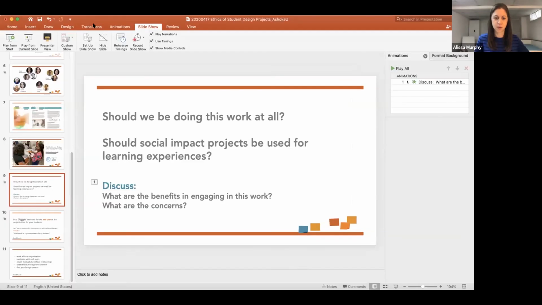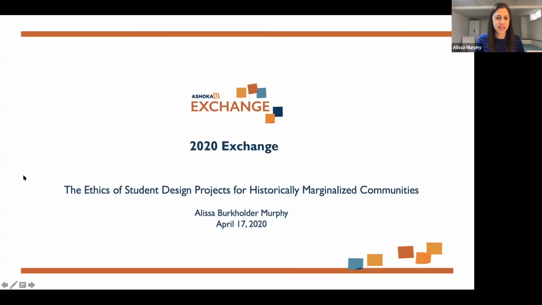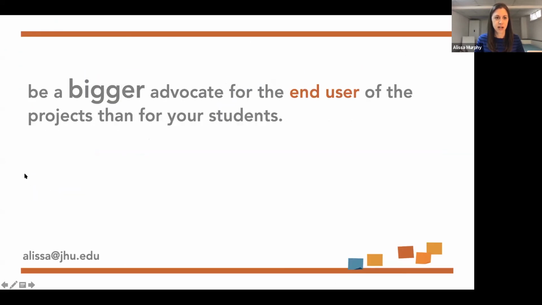The final thoughts I wanted to leave you with, two minutes over time, was just putting yourself in the position of being a bigger advocate for your end user of projects than for your students. I think as educators, we're often thinking, how can I advocate for the learning experience of my students, and trying to flip that to say, how can I be a bigger advocate for the people we're designing for, and secondarily, my students.